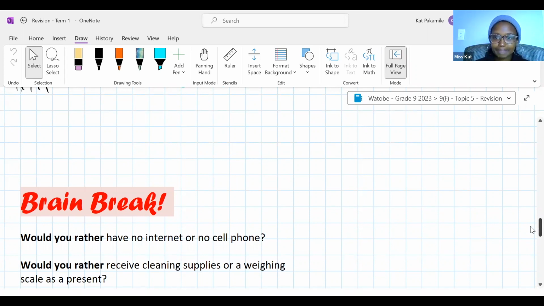Ooh, guys, they're both offensive. If you get a scale, they're telling you to fix your weight. But if you get cleaning supplies, they're telling you your house is dirty. Honestly, I'd rather get a scale. It is emotional damage.